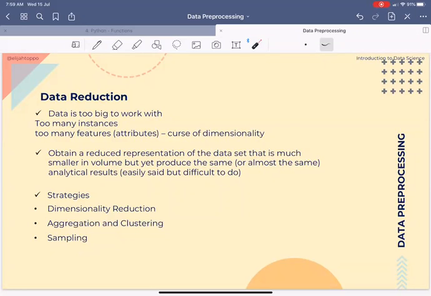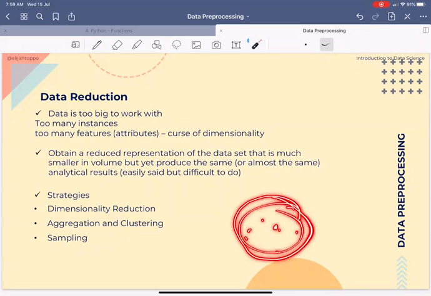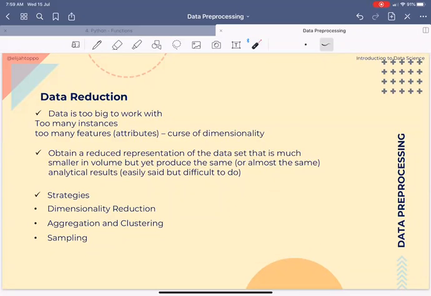That is, our data points are far apart, so we will cluster them together and replace all of them with one data point. There could also be sampling. If I have a random distribution, I choose some samples for my analysis and will not use all of them. So these are different strategies that we use for data reduction.